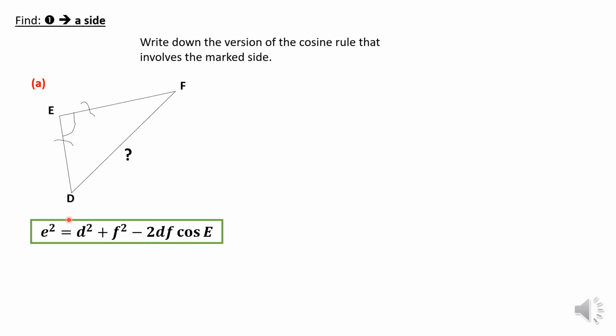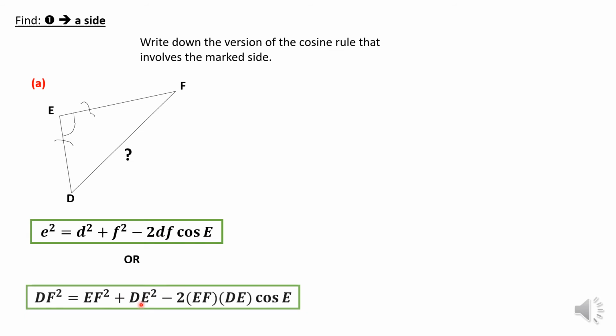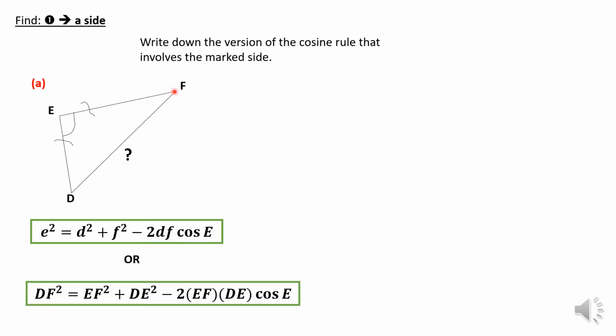You can say e squared equals d squared plus f squared minus 2 times df multiplied by the cos of e. You can also use the capital letters, obviously. DF squared equals EF squared plus DE squared minus 2 times EF times DE times the cosine of E.